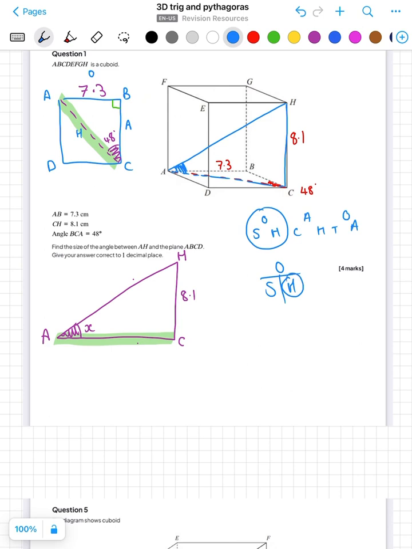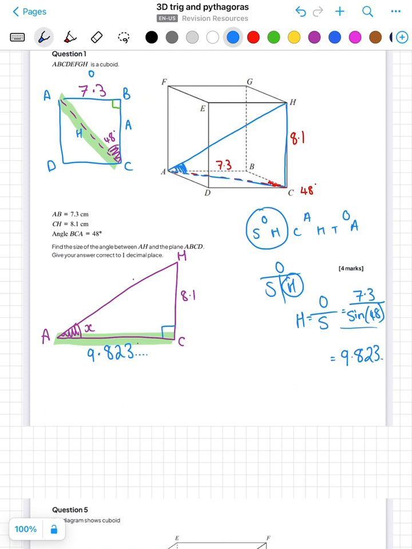Cover up the one you want to find out, the hypotenuse, leaving us with the opposite, which is 7.3, over sine of our angle, which is 48 degrees. Pop that into the calculator: 7.3 divided by sine 48 gives us a hypotenuse of 9.823... We're just going to keep those decimal places, and that hypotenuse is line A to C. Keep it in your calculator.